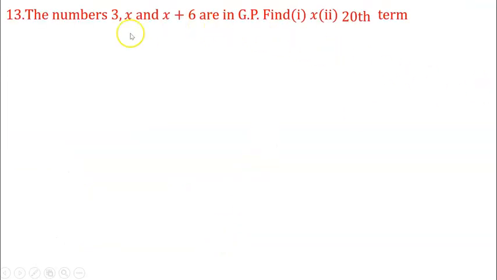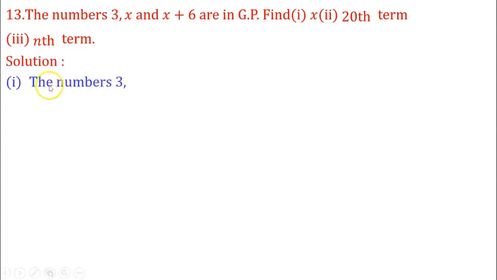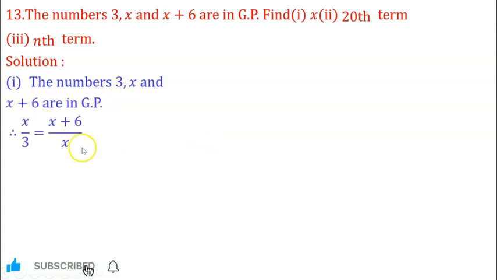Now next problem. The numbers 3, x, x plus 6 are in GP. Find first x, second the 20th term, third the nth term. Now the solution. The numbers 3, x and x plus 6 are in GP. Therefore, x upon 3 equals x plus 6 upon x.